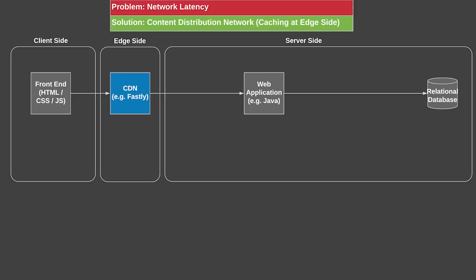And another advantage of a CDN is that not only does it take the burden of serving the static content off your web application, but it also sits closer to the clients in terms of network travel length really. So the distance between the client and the CDN will always be less than the distance between the client and your web application. Because what CDNs do is they have high throughput networks sitting in lots of different locations all across the world.